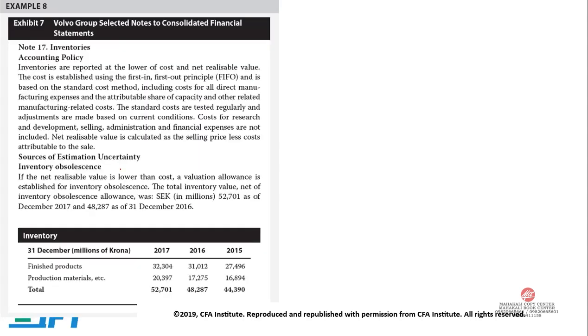So this is our financial statement, and in our notes we are told that inventories are reported at the lower of cost and net realizable value, and net realizable value is calculated as the selling price less costs attributed to the sale. The total inventory net of inventory obsolescence allowance is 52,701 as of December 2017 and 48,287 as of December 31st, 2016.